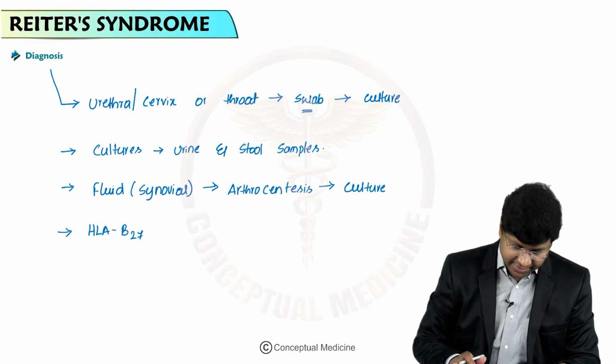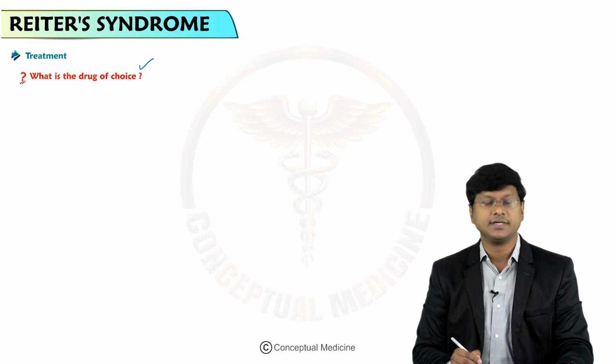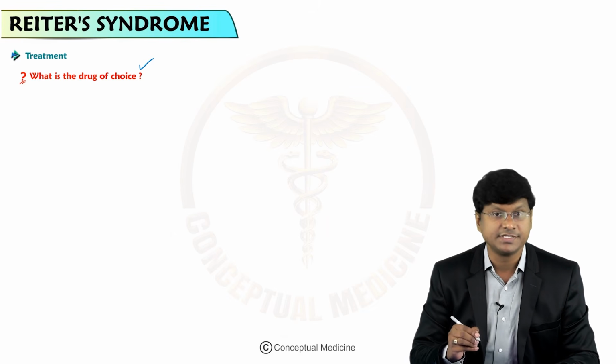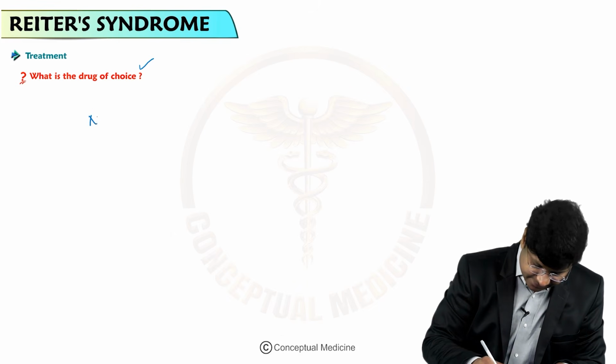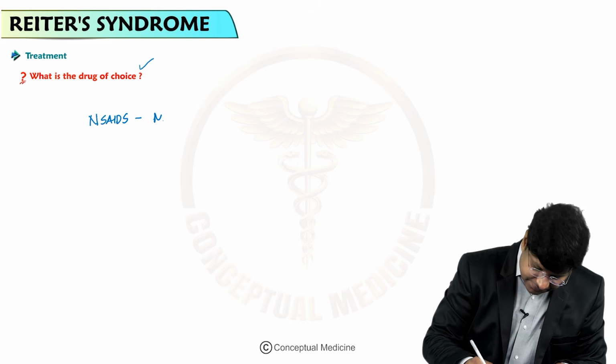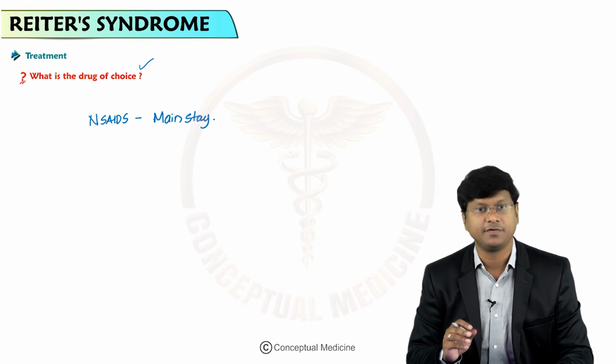Now, after having discussed the diagnosis, let me tell you the treatment. What is the drug of choice? The drug of choice is NSAIDs. NSAIDs have been the mainstay of therapy.